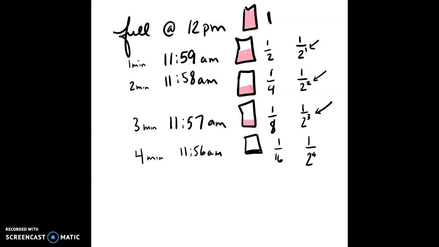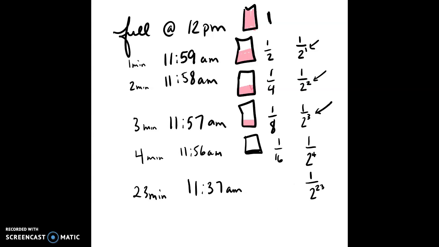So I need to figure out 11:37, how many minutes prior to 12 is that? It will hit noon in 23 minutes. So this is 23 minutes prior. So that would be 1 over 2 to the 23rd power.